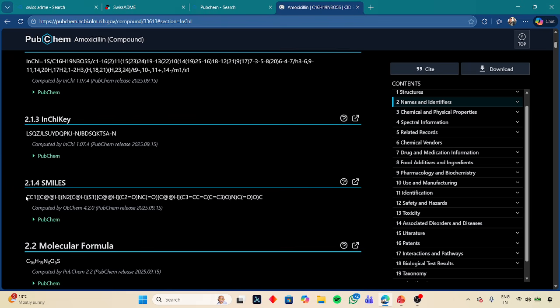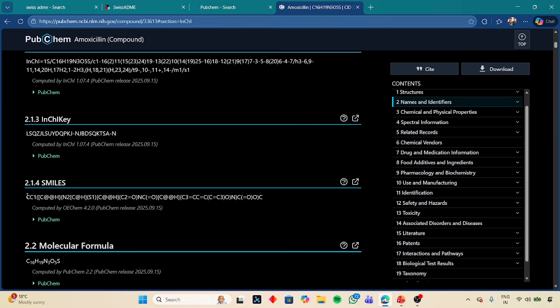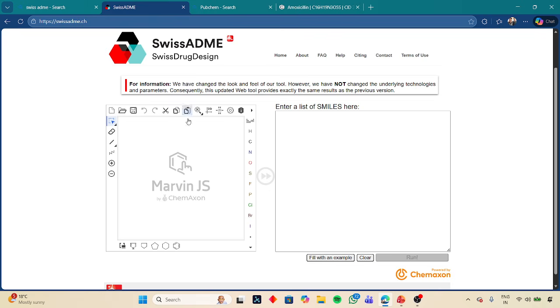For the analysis using Swiss ADME, we simply copy the SMILES here, then go to Swiss ADME and paste your SMILES here. If you have designed a new drug molecule, we are unable to provide the SMILES.